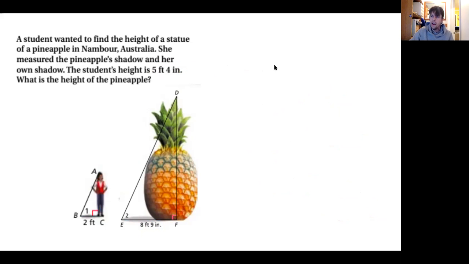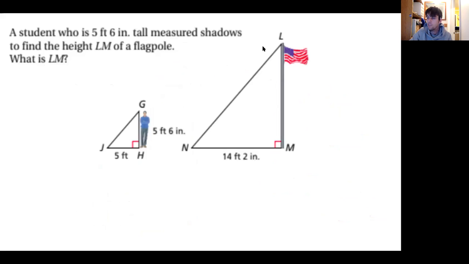All right, let's go ahead and move forward. Very similar problem here about shadows and flagpoles. A student who is 5 feet 6 inches tall, that's exactly 5.5 feet, measured shadows to find the height of a flagpole. So we're looking for the height of this flagpole. Not very easy just to measure that, so you can use similar triangles here.